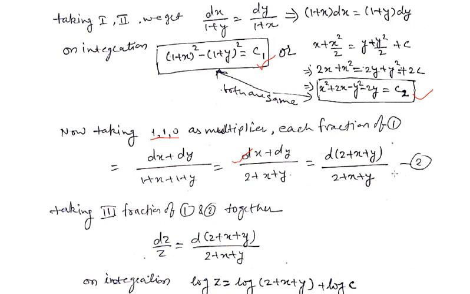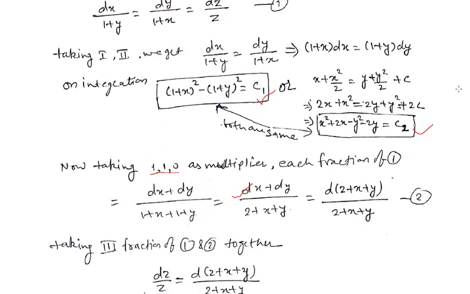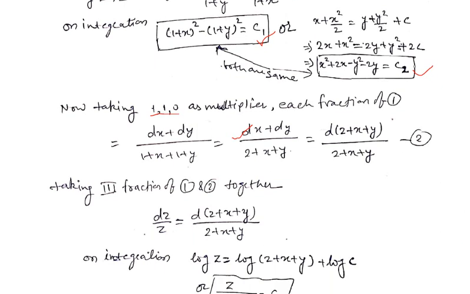Now taking this resultant fraction combined with the third fraction of equation 1, which is dz upon z, we get dz upon z is equal to d of 2 plus x plus y upon 2 plus x plus y. Now we integrate it, we get log z is equal to log of 2 plus x plus y plus log c, taking the arbitrary constant in the form of log.